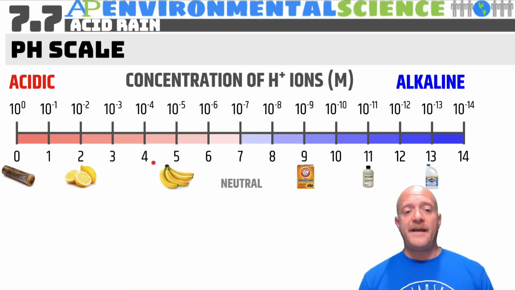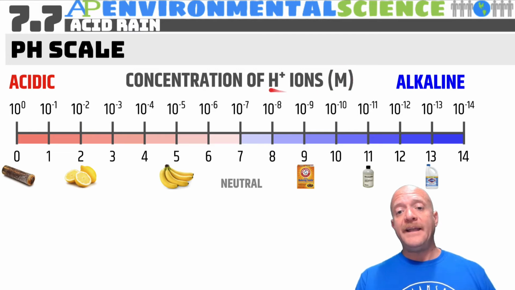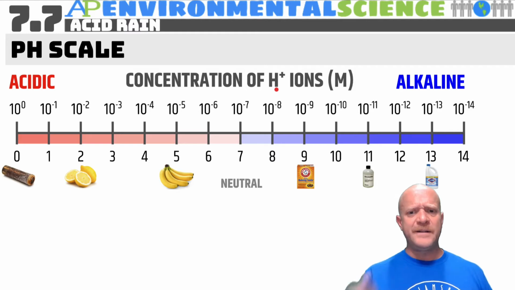So remember that this is a review, hopefully from chemistry, but the pH scale is a logarithmic scale, and it measures the concentration of H plus ions in molar or moles per liter. So this is the molarity, capital M, and H plus ions is also known as hydronium, and that's when it's H plus water. So it's the aqueous version.